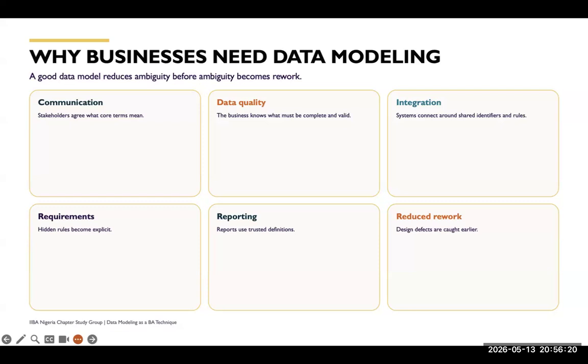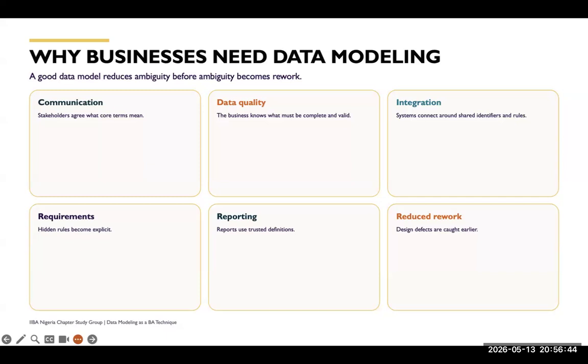In that situation, it's the same word, but they have two different understandings. They don't have an agreement. So sometimes a data model helps to elicit the shared understanding of what core terms mean within the organization, and it gets the stakeholders to agree on what those core terms mean.